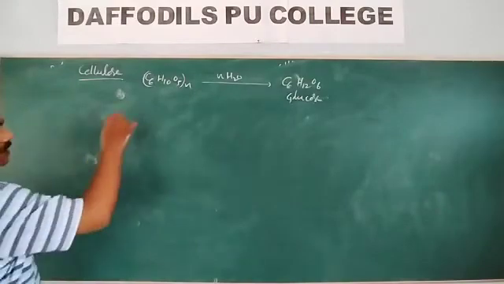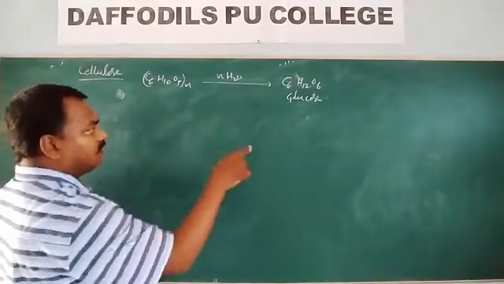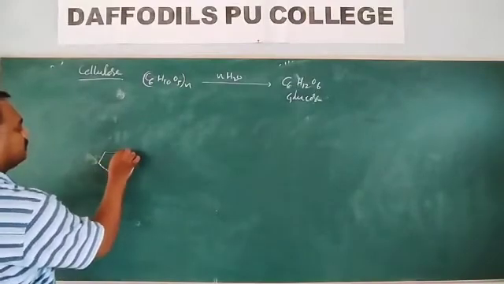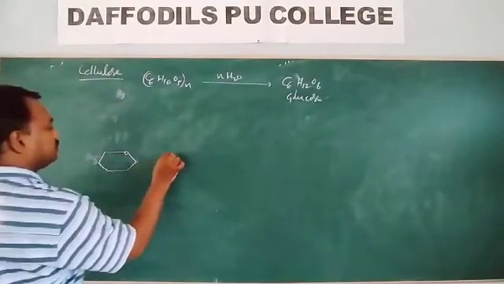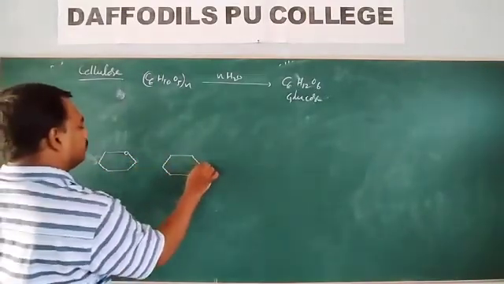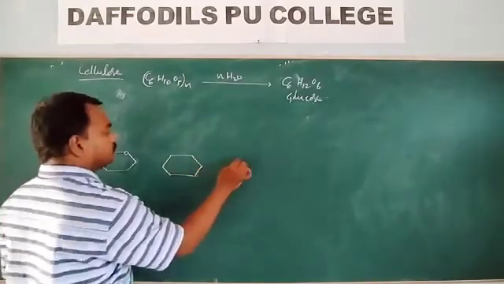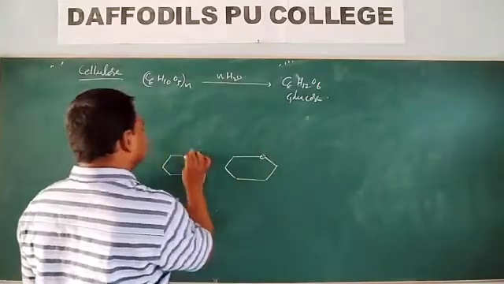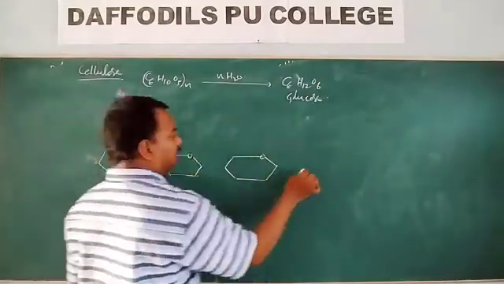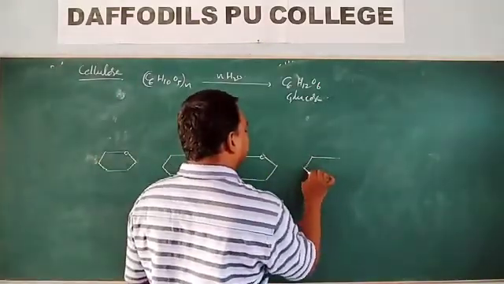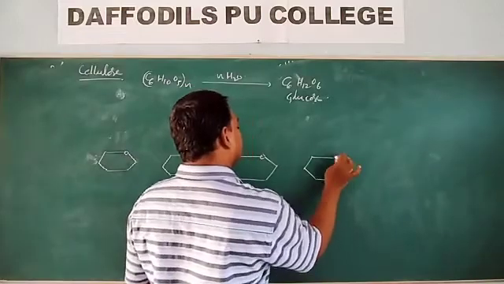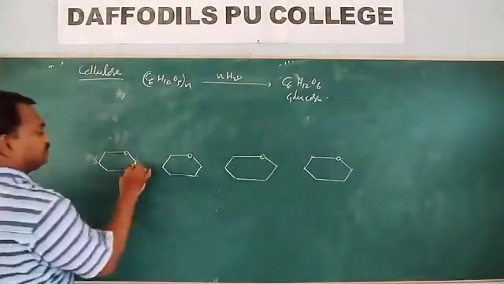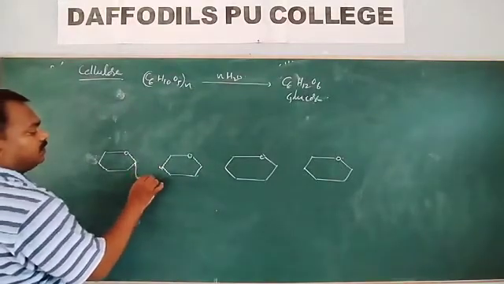It is also formed by alpha D glucose units. These are the alpha D glucose units. I am just drawing the outer skeleton arrangement. This is the first carbon, this one is the fourth carbon.